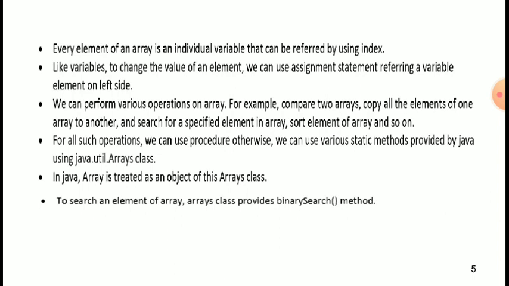For example, compare two arrays, copy all the elements of one array to another, search for a specified element in an array, sort elements of an array and so on. For all such operations we can use a procedure, otherwise we can use various static methods provided by Java in the java.util.Arrays class.